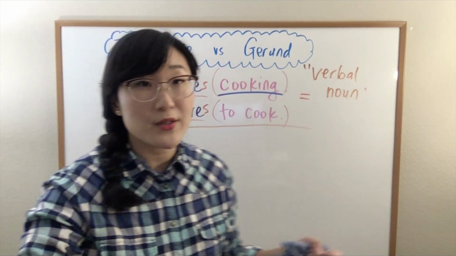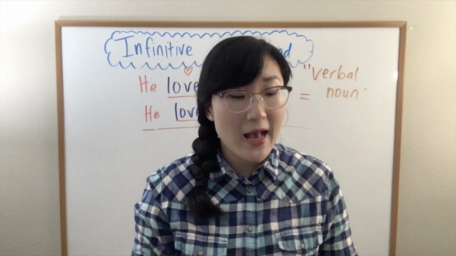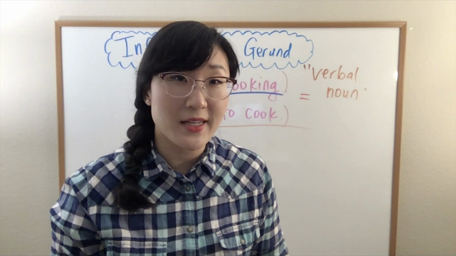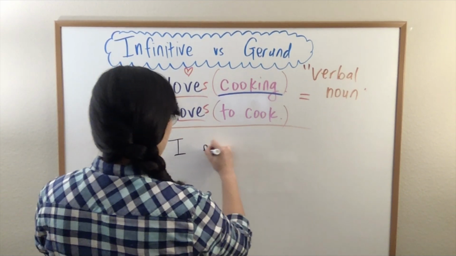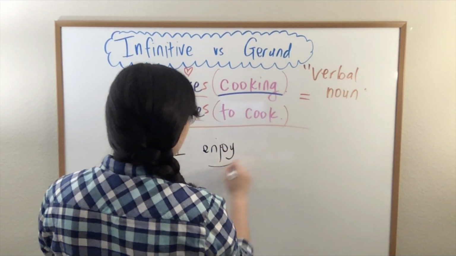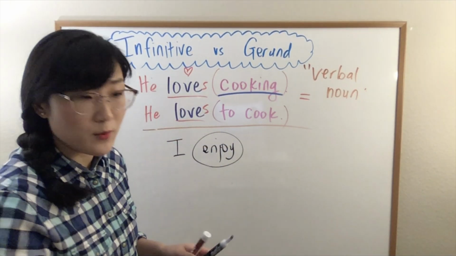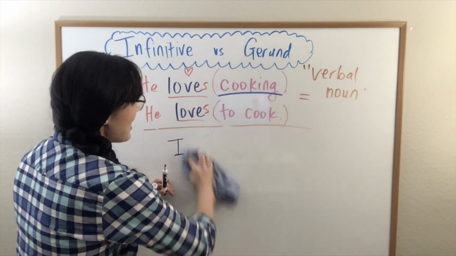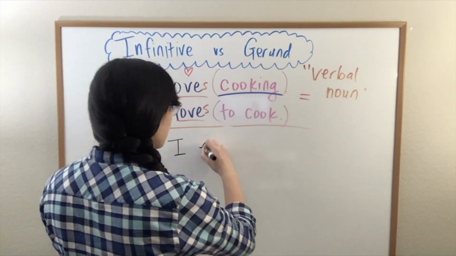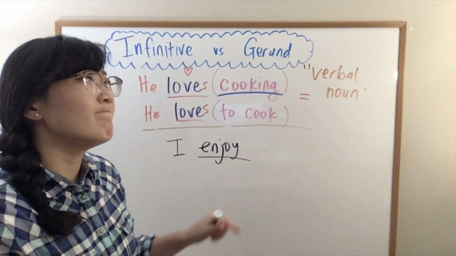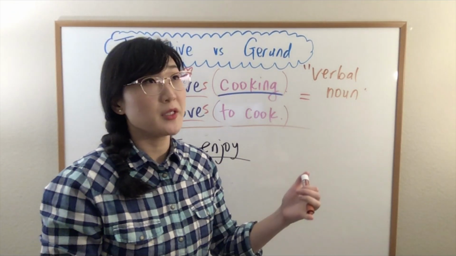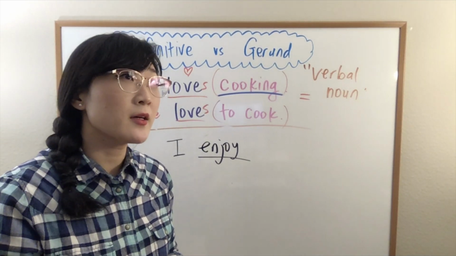Now, of course, if you tell me, for example, a sentence like, I enjoy, if I see this word enjoy, oh, I'm sorry, that's a little ugly. If I see the word enjoy, this verb, and I want to say, okay, I enjoy the beach. I go to the beach.